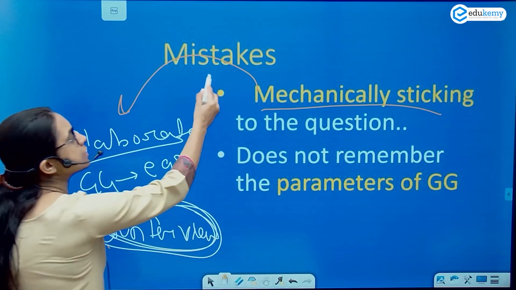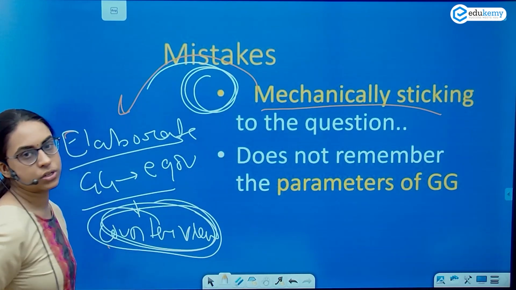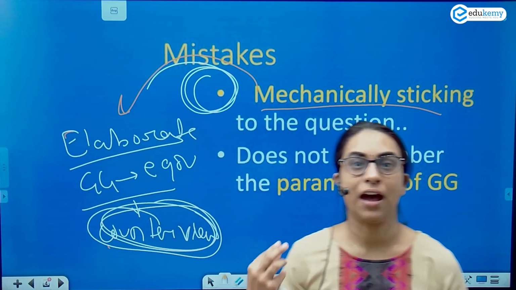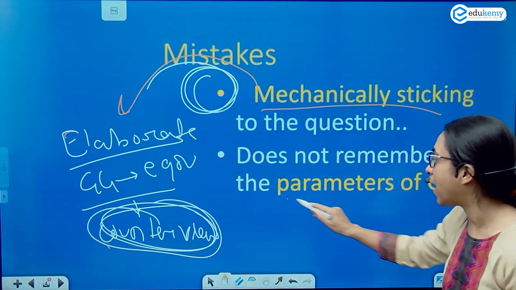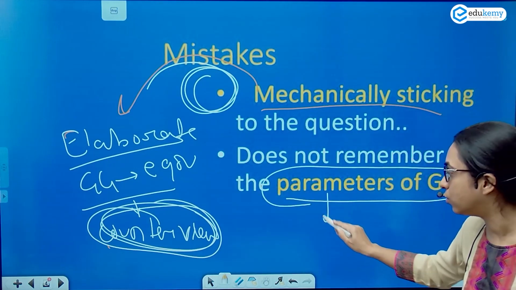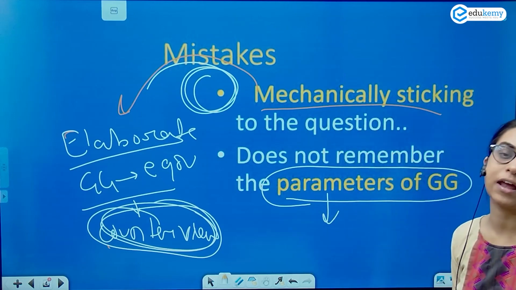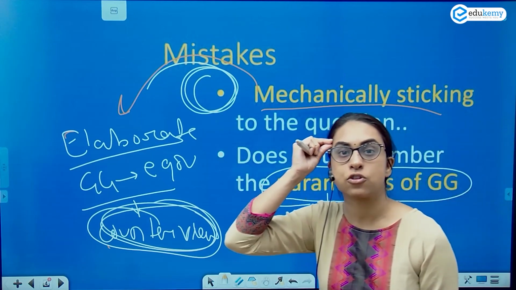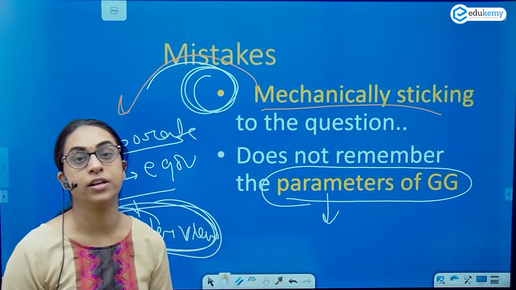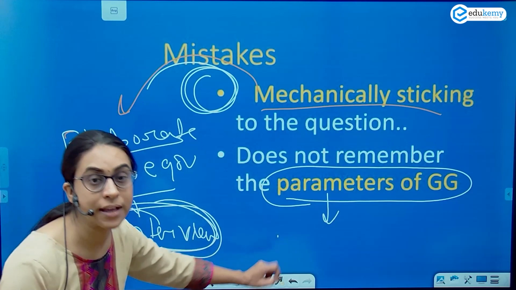So one mistake is mechanically sticking to the question. That should be avoided. And at times the student does not even have an idea of the parameters of good governance. I am not saying that you should keep on elaborating the parameters of good governance, but at least know what good governance is. What are the parameters that make governance good? What is the World Bank's definition?